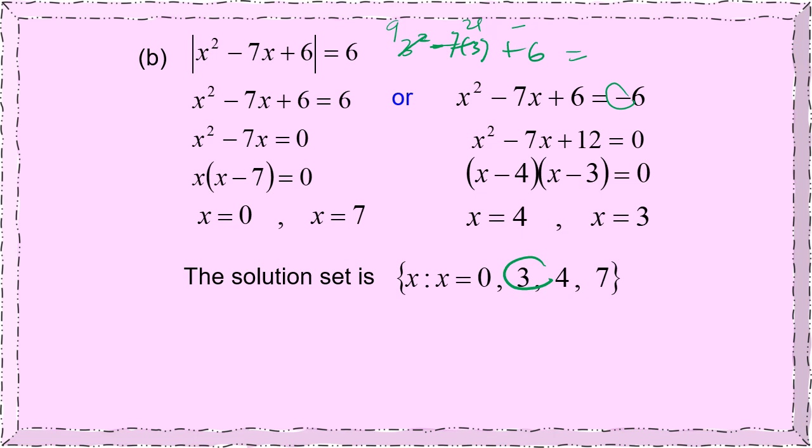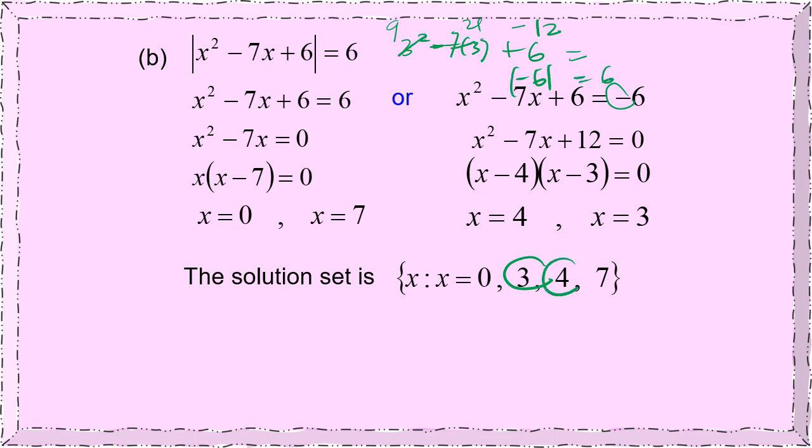Sorry, use your calculator. 9 minus 21 is negative 12. Negative 12 plus 6 is negative 6. So the absolute value of negative 6 is equal to 6.